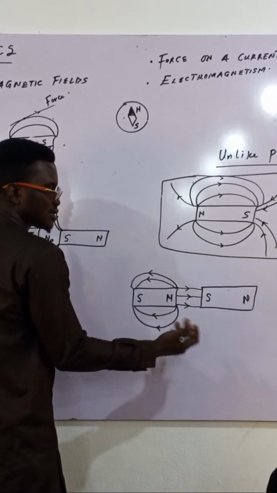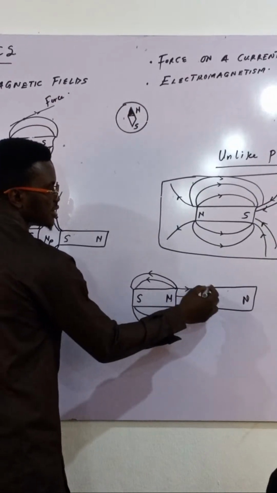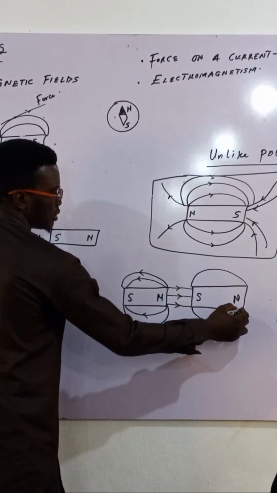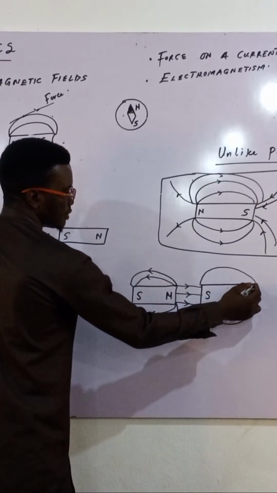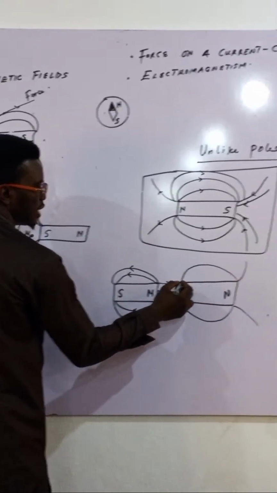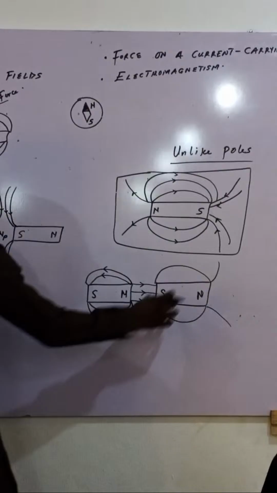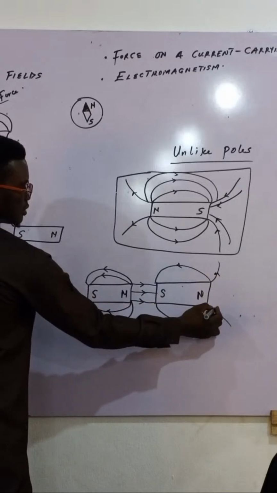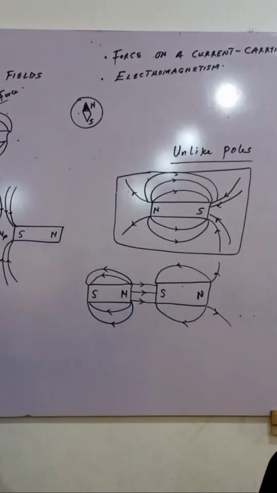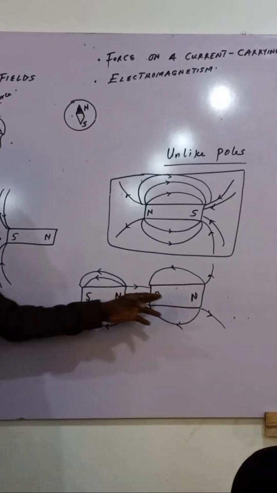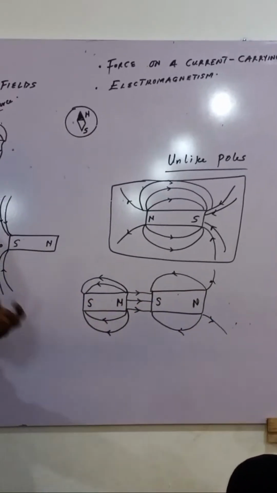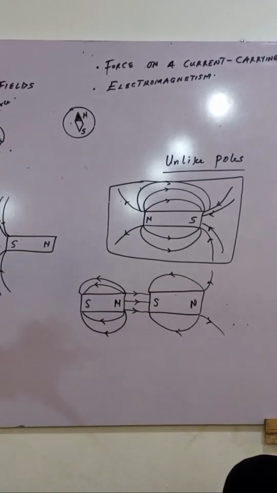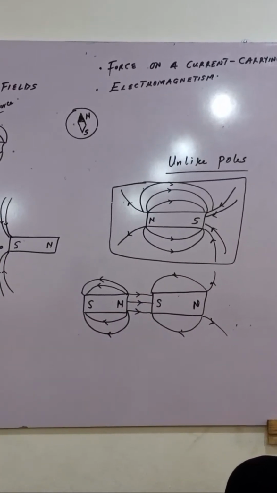Your brain should tell you that you have it, but I'm just indicating one or two. How will this arrow be? Will it be to the left or to the right? The arrows for this one should be to the left. Do you understand that? So it's running from north to south because north and south are close there. That's why. So yeah, let's look at the properties. From what we have said so far now, you should be able to note the properties.